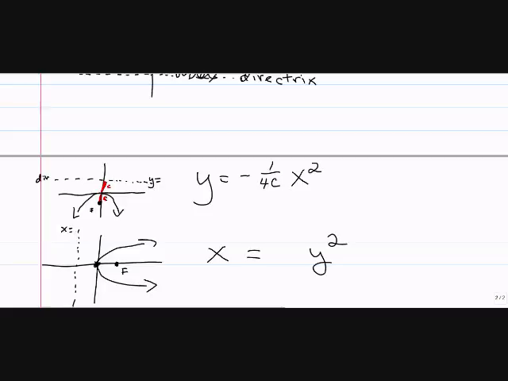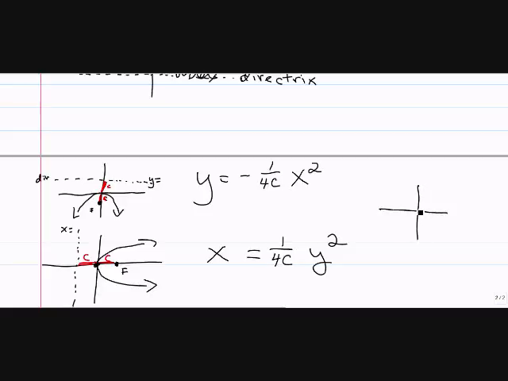And that C is still in the same place here. My equation is x equals 1 over 4c times y squared.